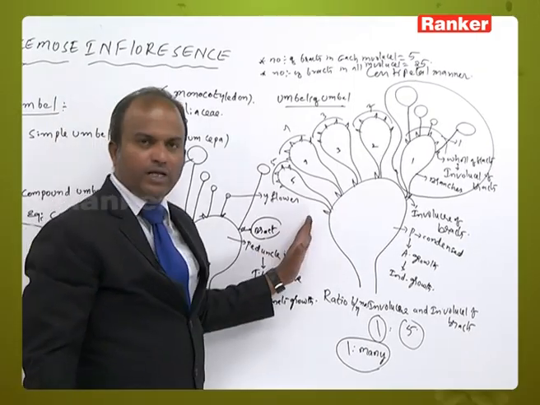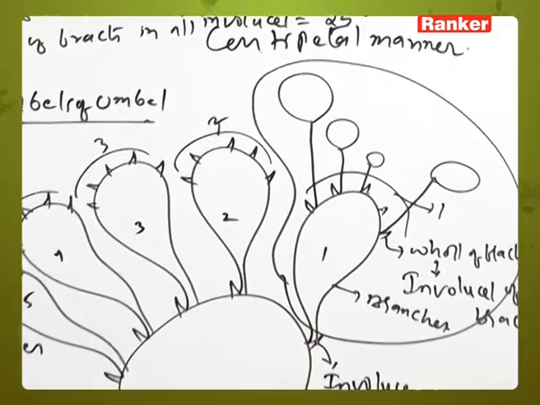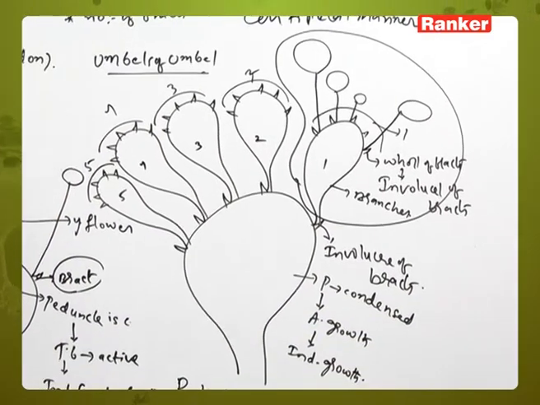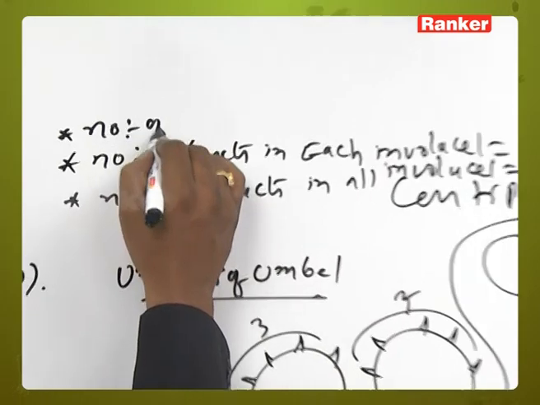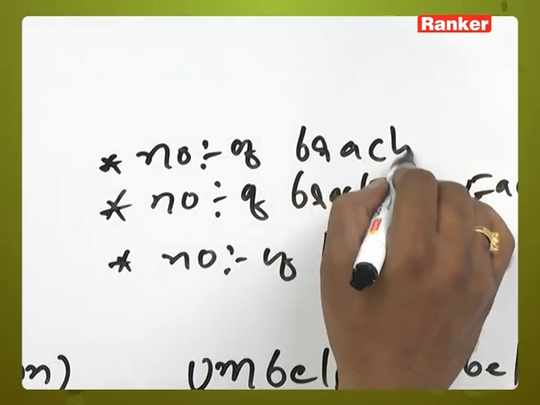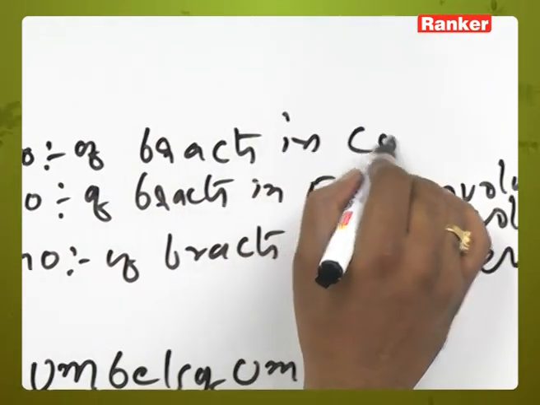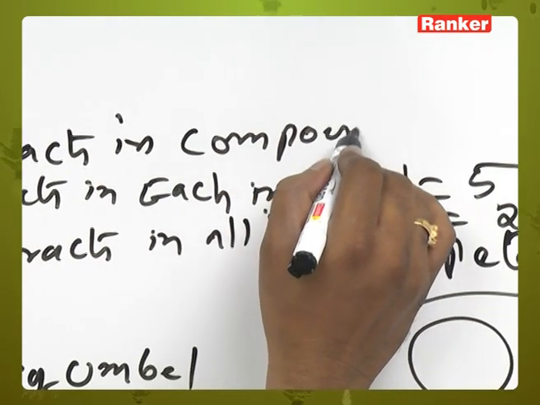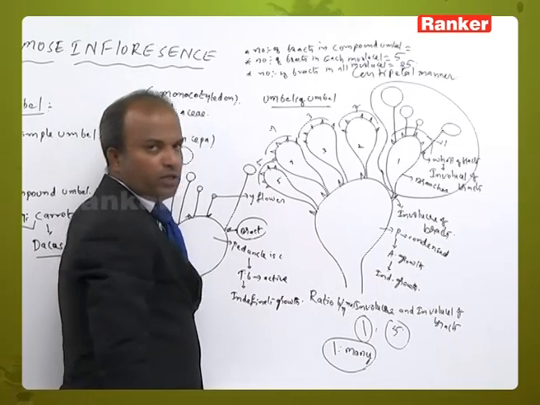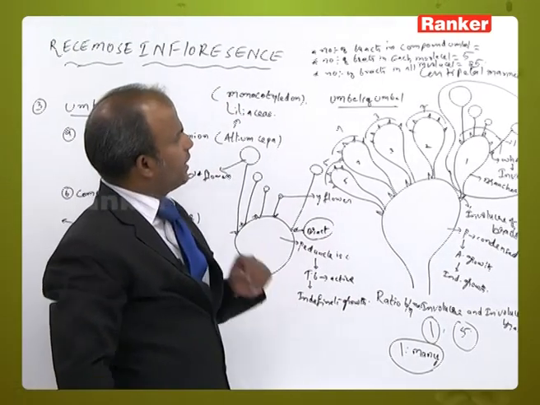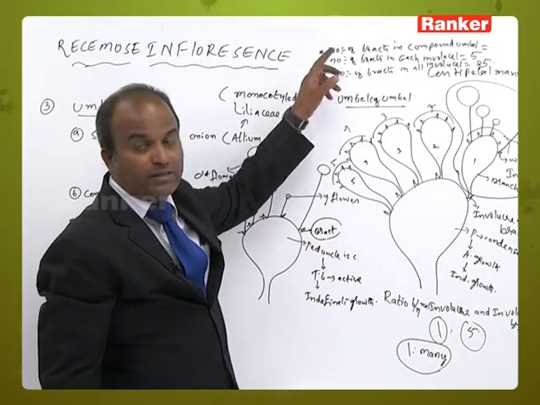Can you tell me the number of bracts in the compound umbel?